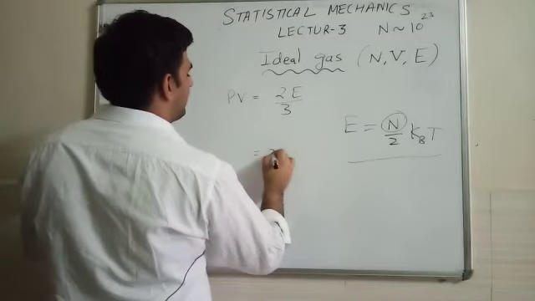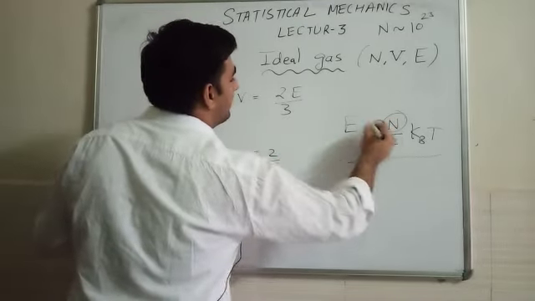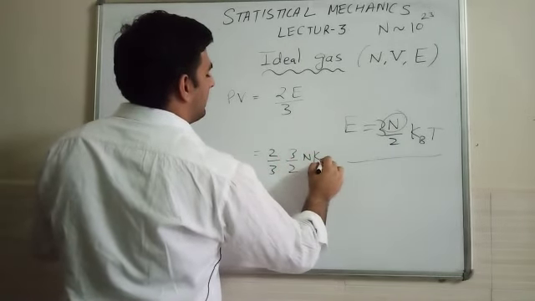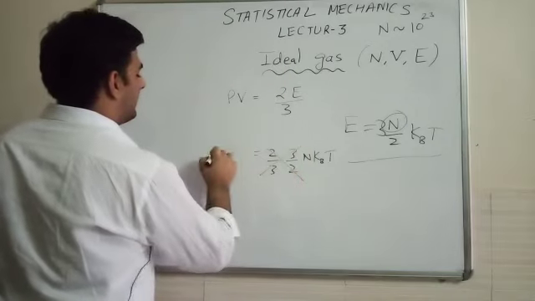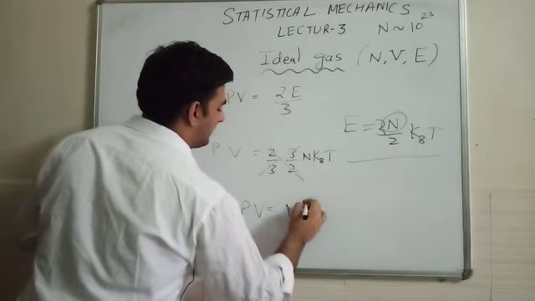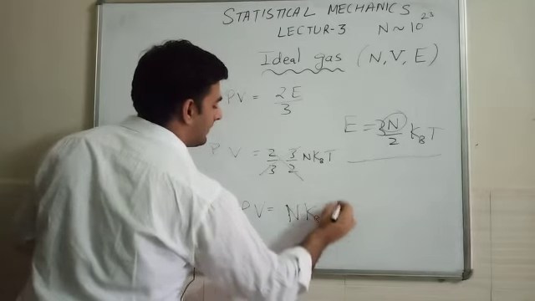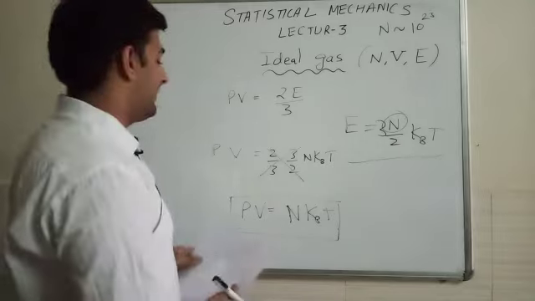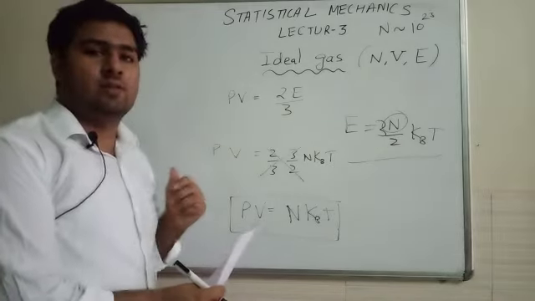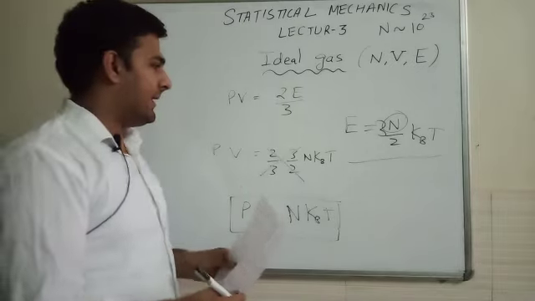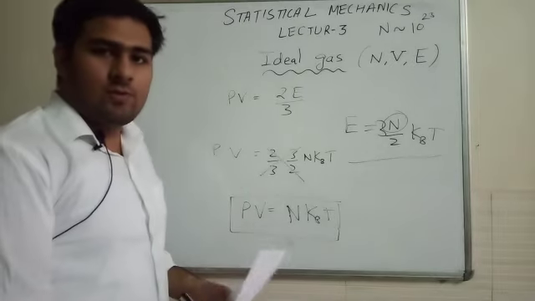So this is 2 by 3 times 3/2 N kBT. So that becomes PV equals N kBT. That's our familiar equation of state for an ideal gas, and we have derived this using statistical mechanics. And that's it for today, and thanks for watching this video.